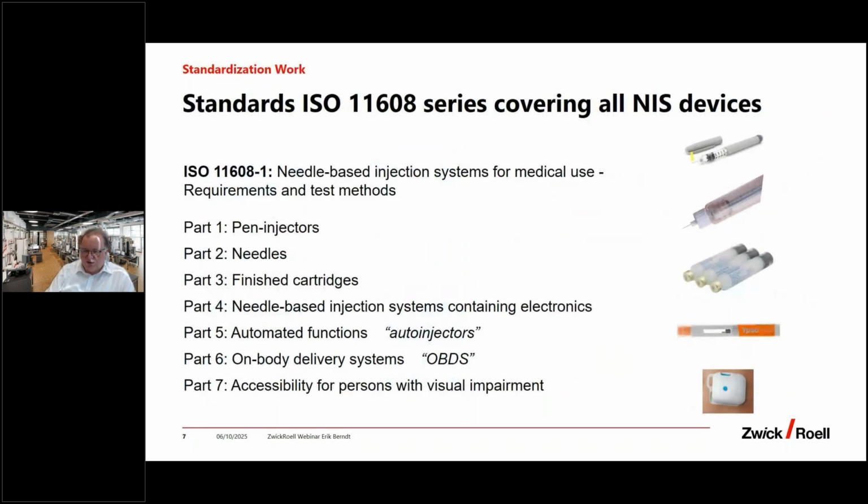Let's start with standards. I think everybody joining is aware that if we are talking about needle-based injection systems, NIS, the ISO 11608 series is the important one to look at.